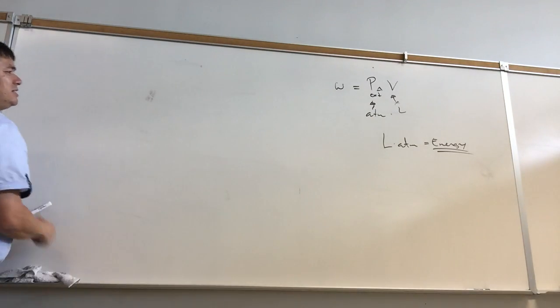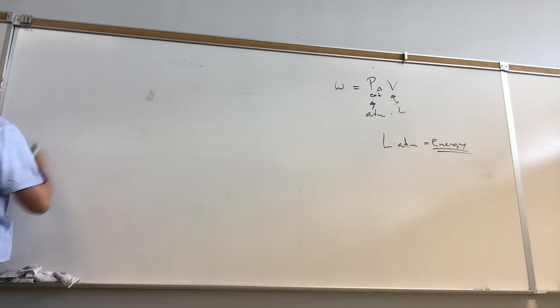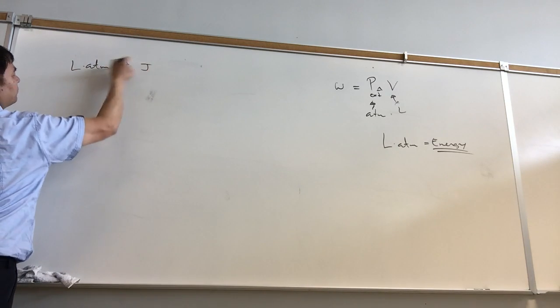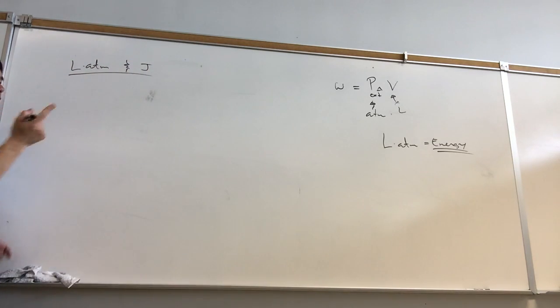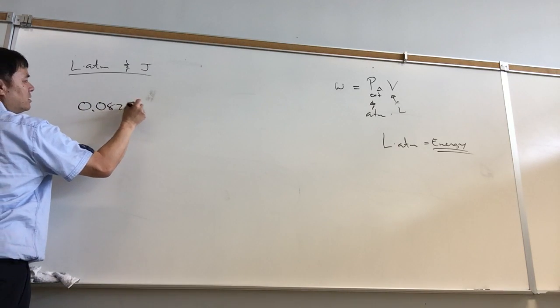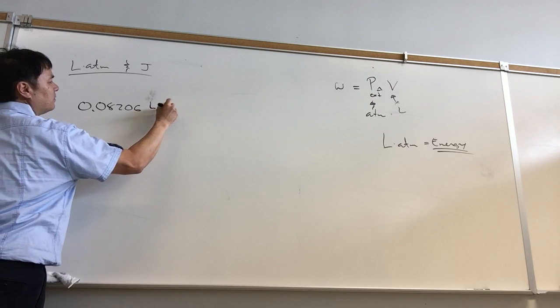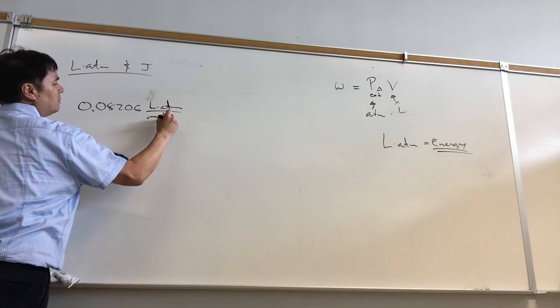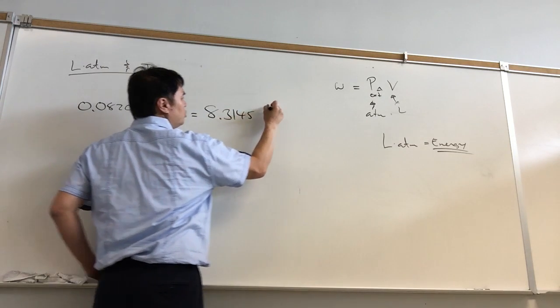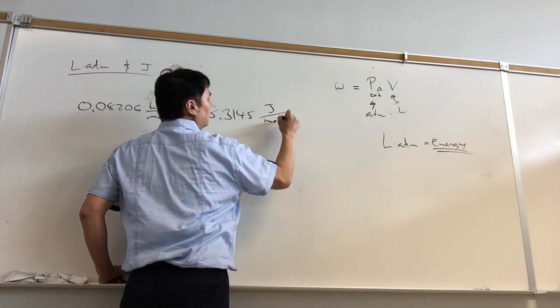It turns out it's easy to figure out the relationship if you have two things memorized. If you know 0.08206 liters times atmosphere per mole times Kelvin is equal to 8.3145 joules per mole Kelvin.